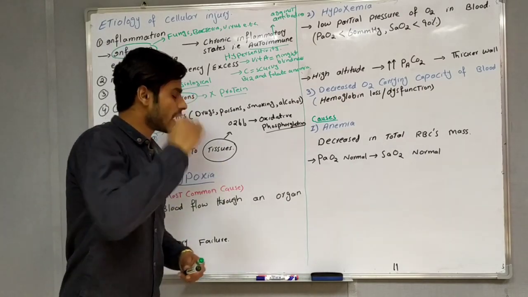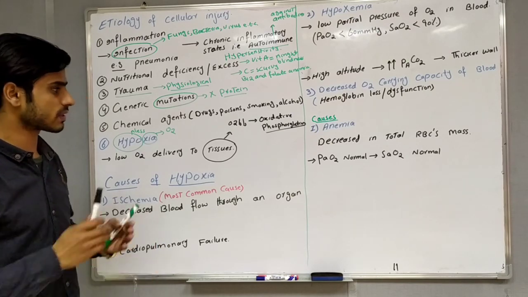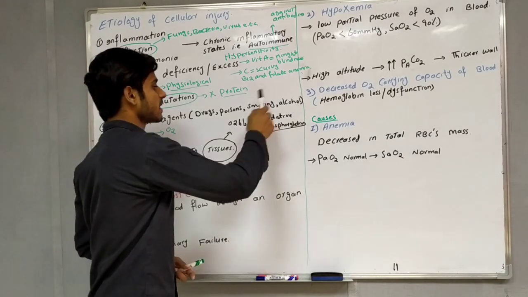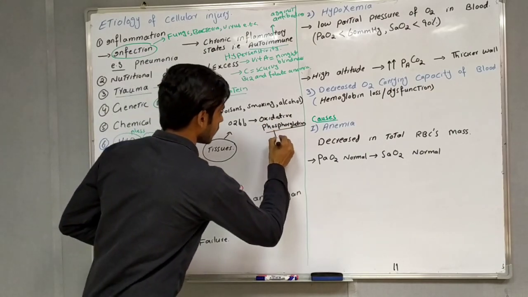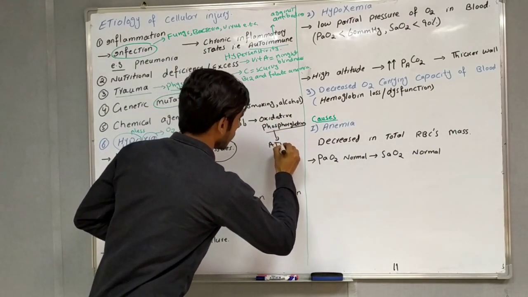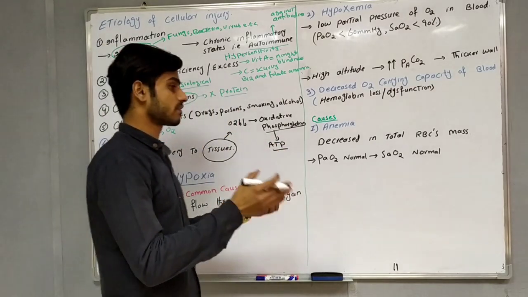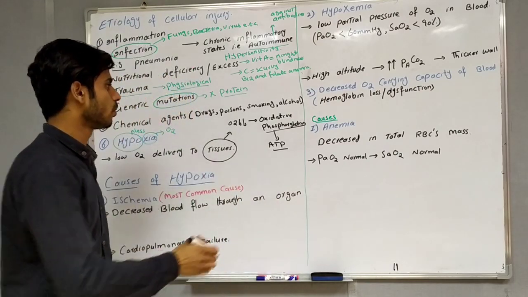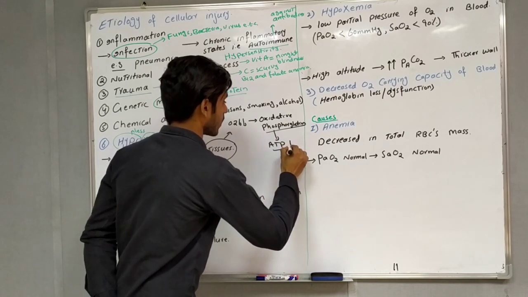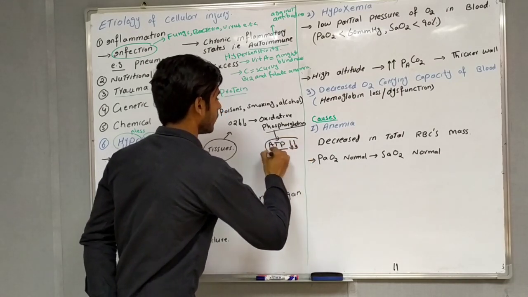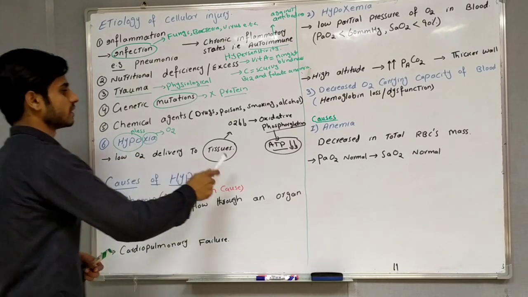Oxygen acts in the electron transport chain as the final acceptor of electrons, and during oxidative phosphorylation there is production of ATP. When oxygen is low, it cannot act as the final acceptor, so oxidative phosphorylation will be low. When oxidative phosphorylation is low, ATP production will be low, and when ATP is low, the cell undergoes injury. So in this way, hypoxia causes cell injury.